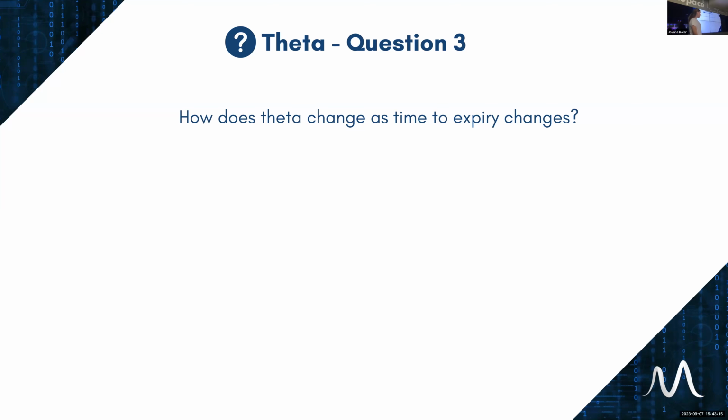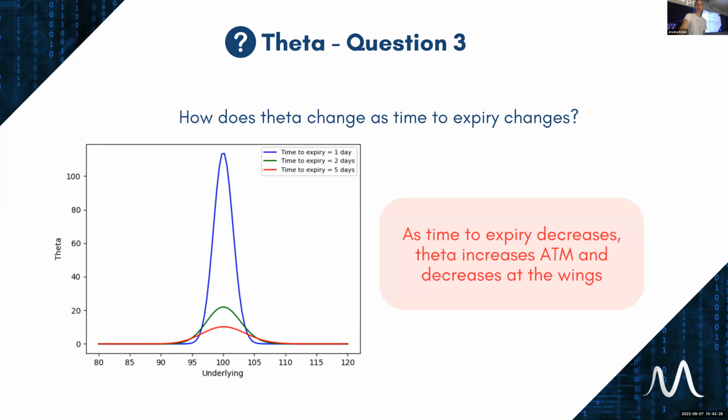So let's say that the time to expiry decreases. Do you think theta will increase or decrease? Increase? Yeah, why? Yeah, exactly. So if you have 2 days to expiry.